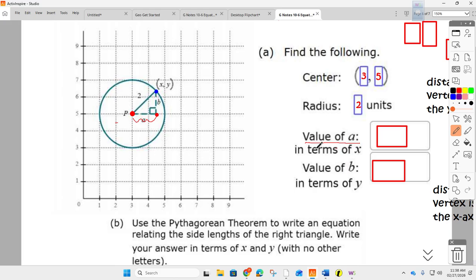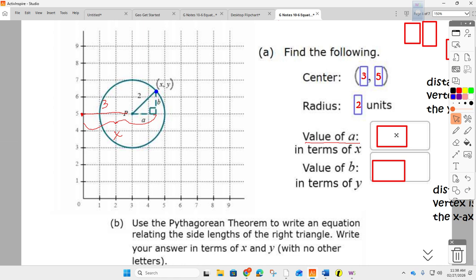Well, we don't know how long A is, but we do know that from the y-axis to here is 3, right? So we know it's 3 plus A, or we could say that A is X minus this 3.